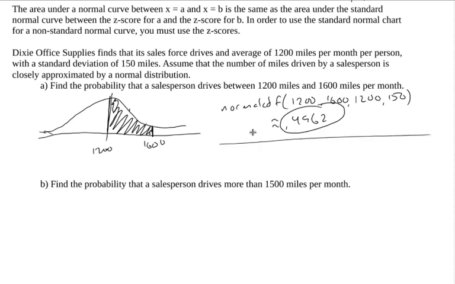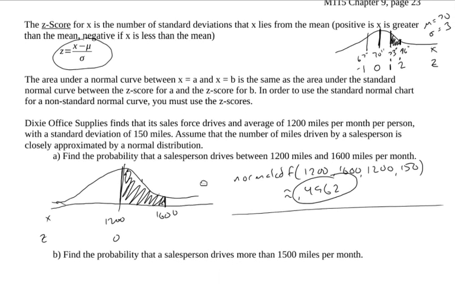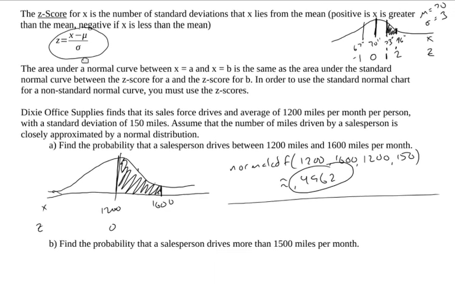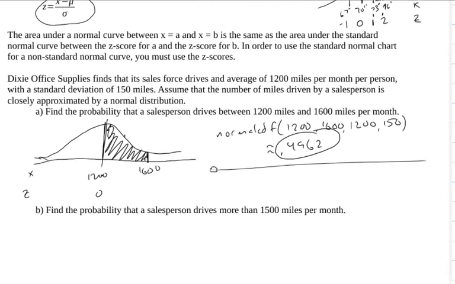If we're doing this on the chart, the by-hand method, we'd first have to figure out the z-scores for each of these x values. This one is easy. The z-score is just 0 because it's right at the mean. But this one is a little more complicated. We'd use this formula up here: z equals x minus mu over sigma.